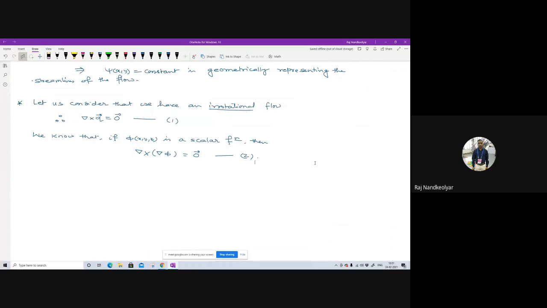Yes sir. Okay, so this is the case. Now it means that if your flow is irrotational, there exists a scalar function, say phi(x,y,z), such that Q equals gradient of phi.